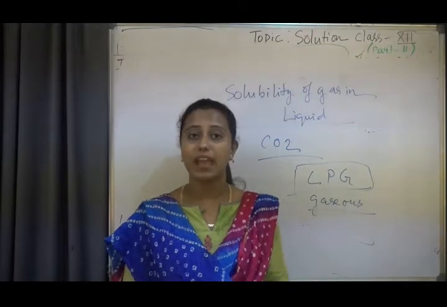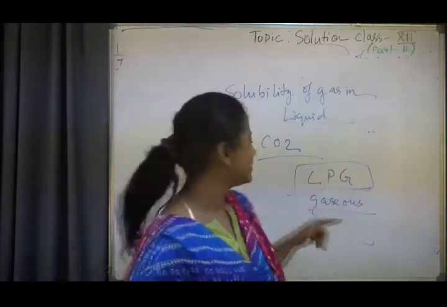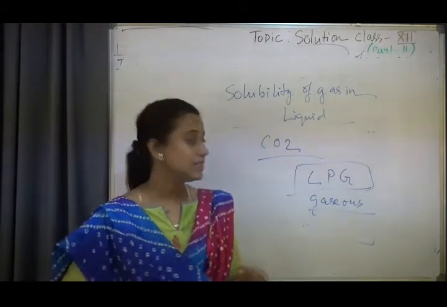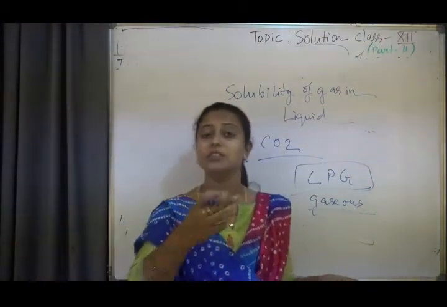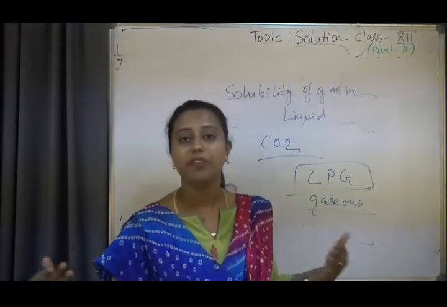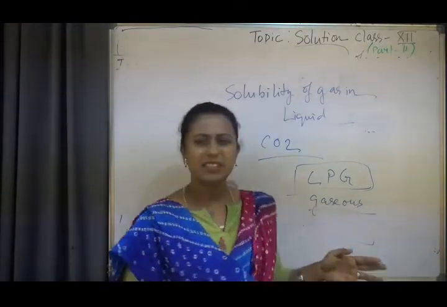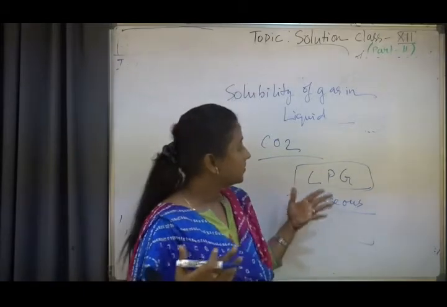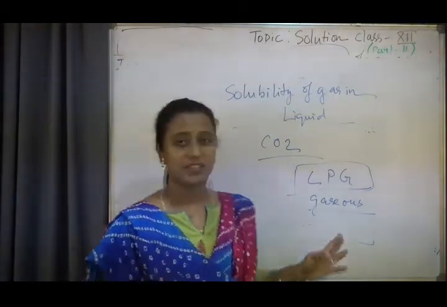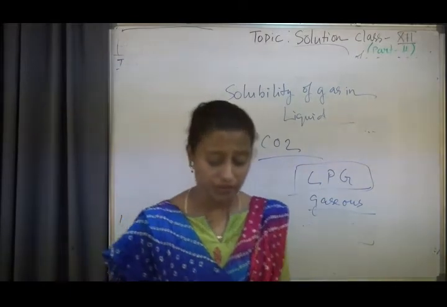In the cylinders, this liquid petroleum gas is given, which comes out through the nozzle of the gas stove. When it comes out, it comes out in the vapor form, as it is highly compressed to form the liquid, but it is not generally in liquid form.